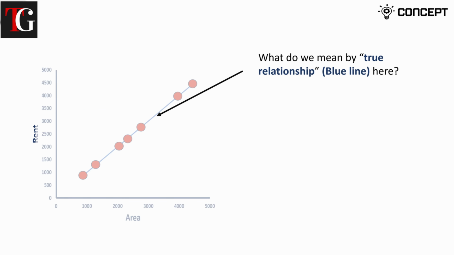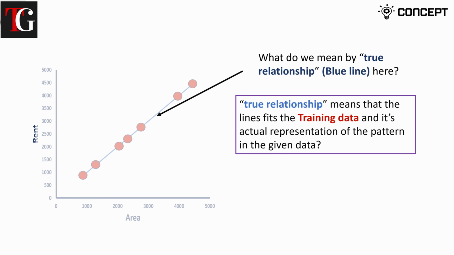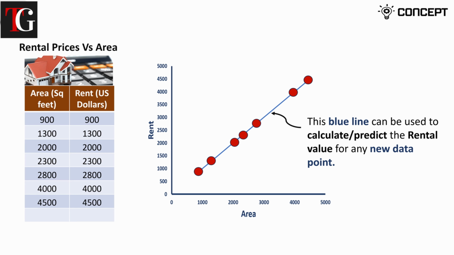What do we mean by true relationship, which is represented by the blue line here? True relationship means the line fits the training data and is an actual representation of the patterns in the given data. This blue line can be used to calculate or predict the rental value for any new data point.